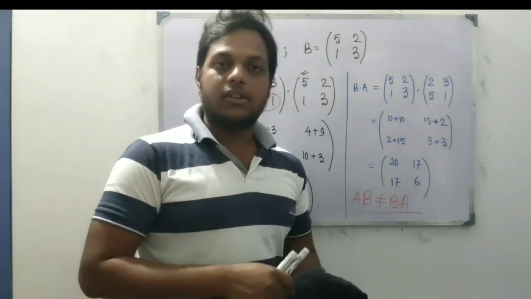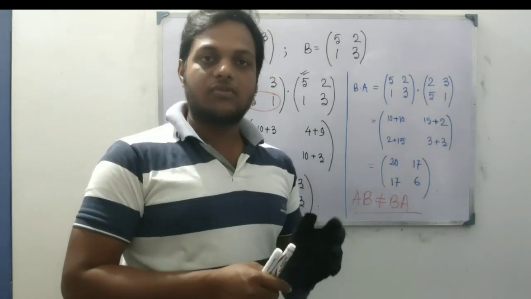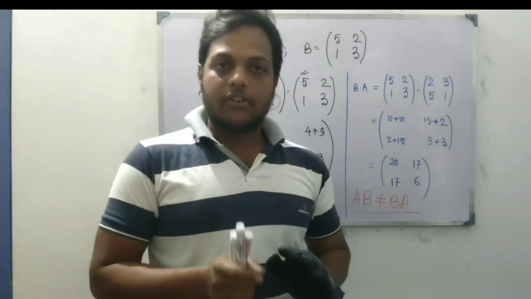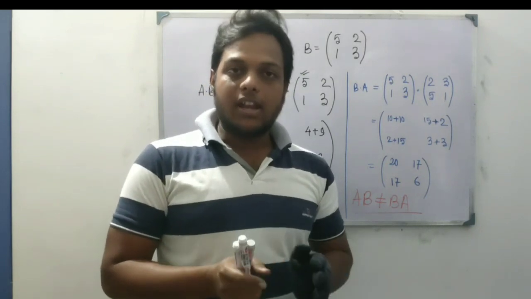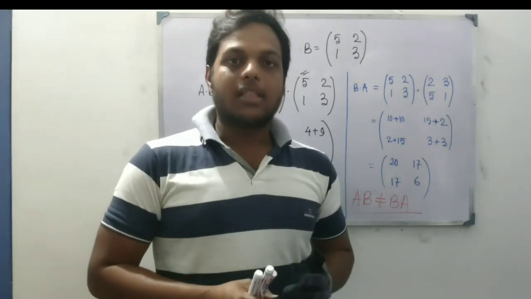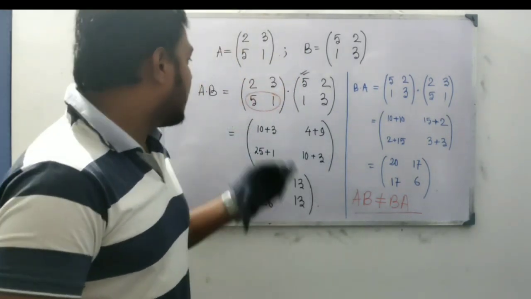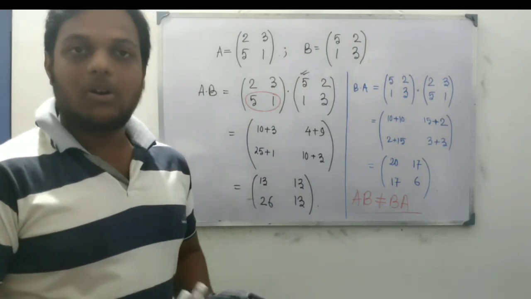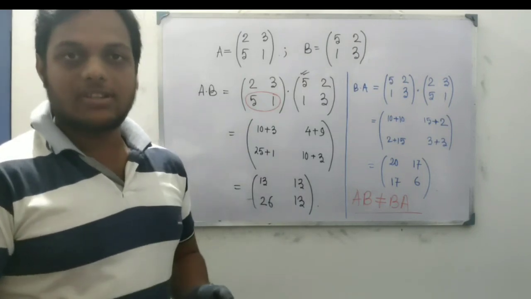And you got to know the restriction for addition and subtraction. What is the restriction for addition and subtraction? For addition and subtraction, both matrices need to be of the same order. But what is the restriction for matrix multiplication? Is it the same restriction, or is it different?